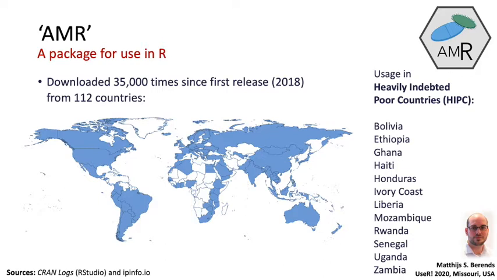So there's a list of heavily indebted poor countries, and those countries do not have a lot of resources. You know, some organizations in those countries might not even be able to afford SPSS or other statistical software, but they can afford R, and they can afford our R package because, of course, it's free. And we're very happy that antimicrobial resistance analysis can now be done in any country in the world.